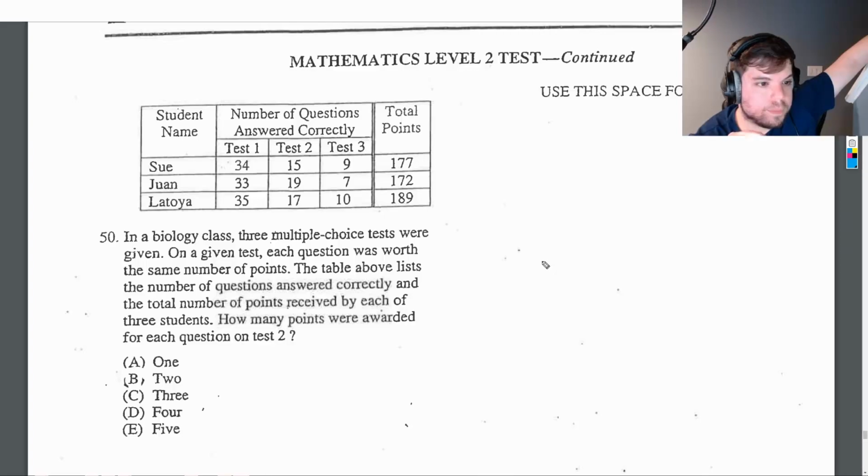Wait. $35 plus 33 minus 34 is 34. So Latoya minus 1 plus Sue equals Sue. Latoya minus 1 plus Sue.